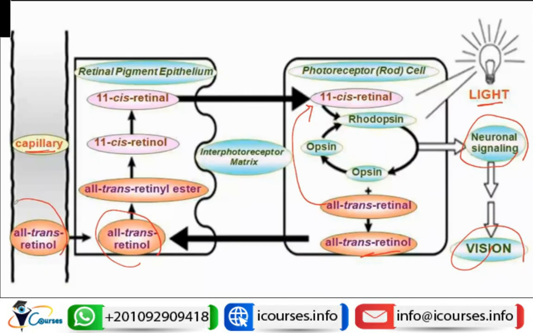You remember the serum retinoid binding protein. This will be binding to all-trans retinol. They will be isomerized again in the retinal pigment epithelium into 11-cis retinol. Then it will form 11-cis retinal that will return back into the outer segment to bind with opsin to form the rhodopsin molecule.